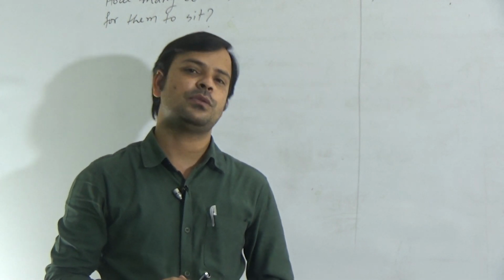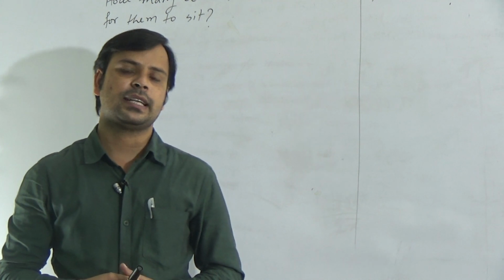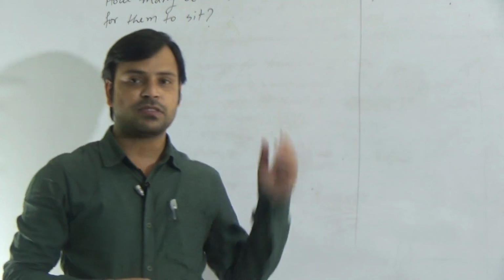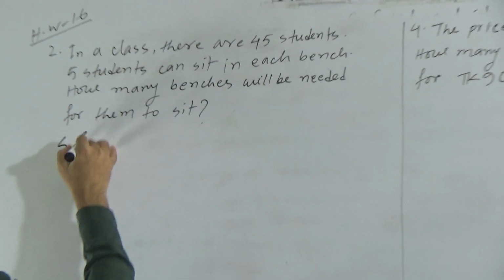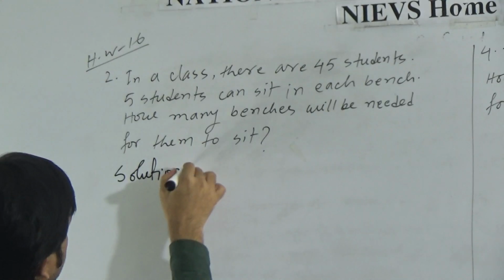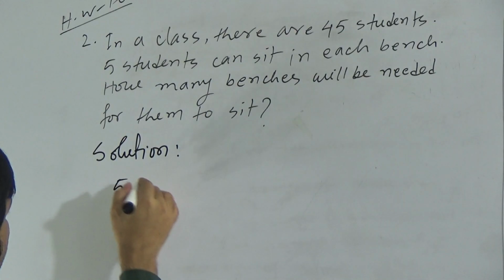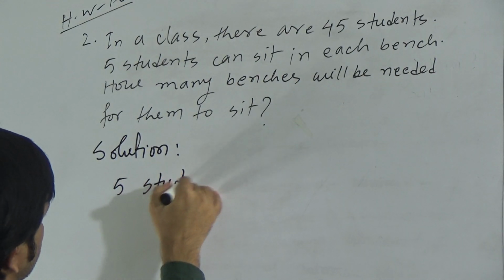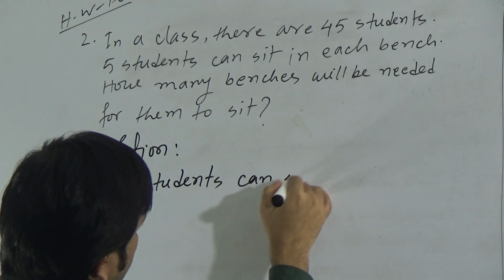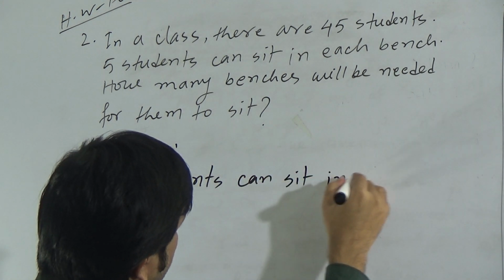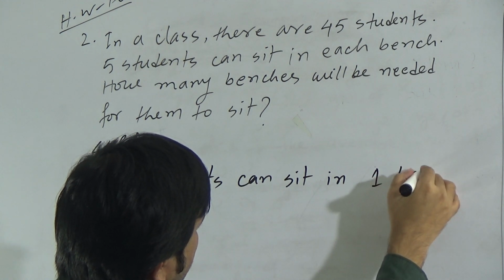It means that in one bench 5 students can sit. So we can write 5 students can sit in one bench.